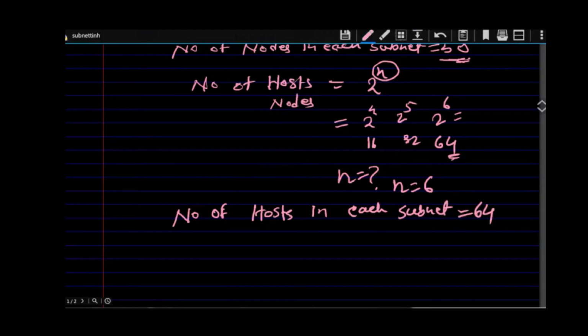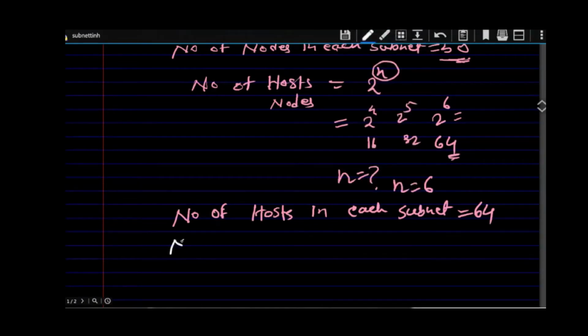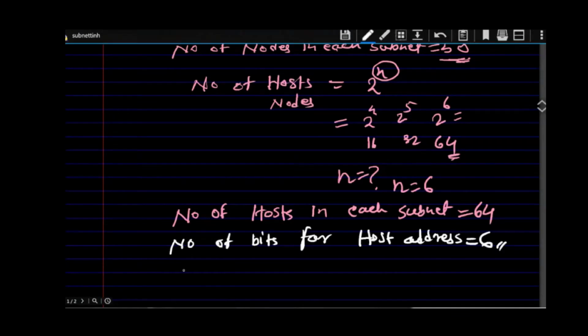So with this you can calculate the number of bits for the host address, which is equal to 6. Am I right? The number of bits for the host address is 6. So the number of bits in the network address is 32 minus 6.